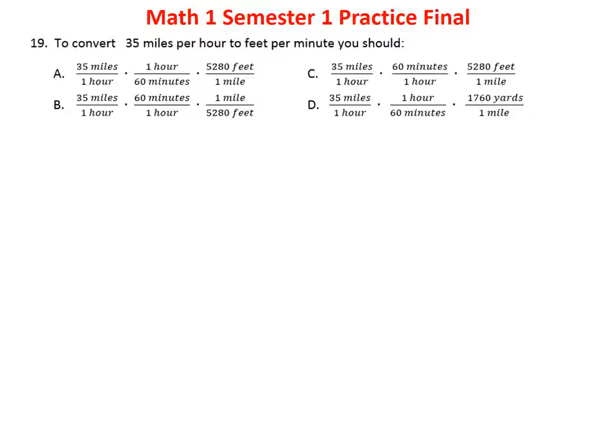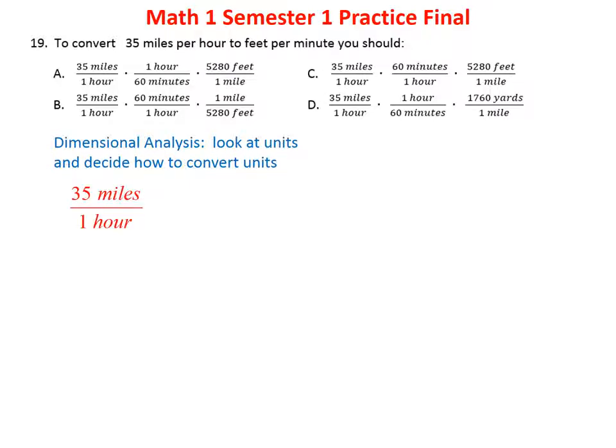Problem 19 is asking us simply to set up the problem. First of all, 35 miles per hour. The first thing I like to do is set it up as a fraction, a ratio, 35 miles to 1 hour. If I want to convert hours to minutes, I need to get rid of the hours, so I put the hours on the bottom and the minutes on top.